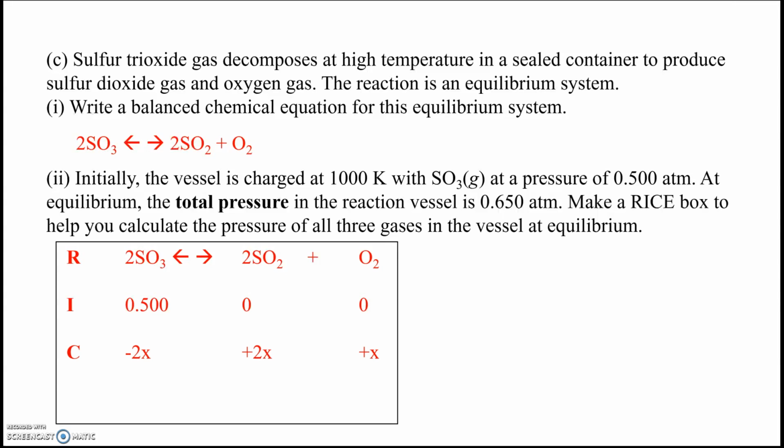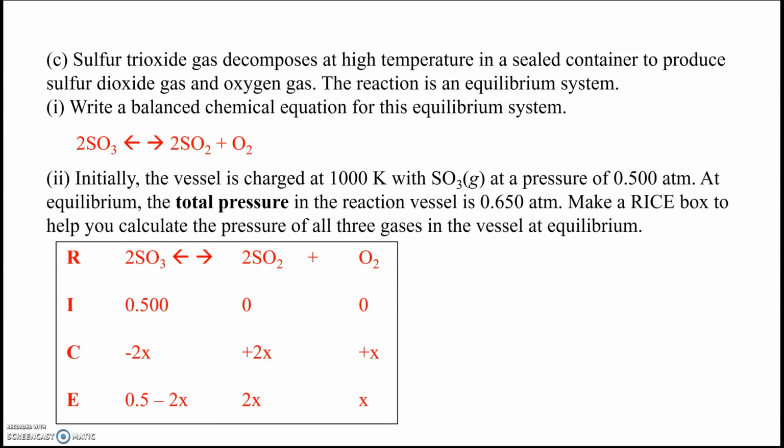Now, stoichiometry tells us that when this reaction goes, for every mole of oxygen that I gain, 2 moles of SO2, and I lose 2 moles, or I consume 2 moles of SO3. So we're going to write this as minus 2x, plus 2x, and x, where x is the unknown.